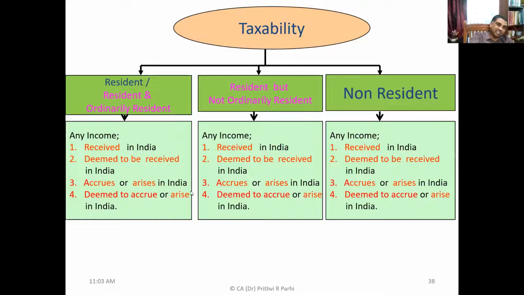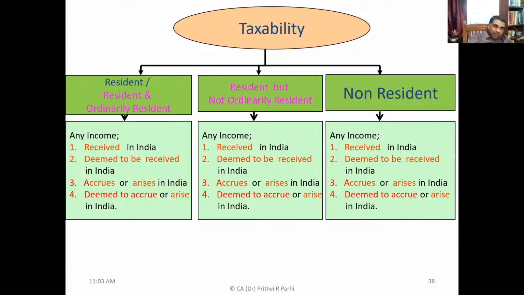That means all these things are the same. If income consists of anything received in India, deemed to be received in India, accruing or arising in India, or deemed to accrue or arise in India, irrespective of your residential status, it is taxable. It is taxable to all. Residential status doesn't matter because it is taxable for all. Are you getting me? Yes, sir.